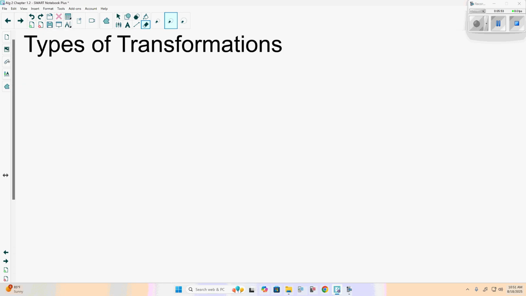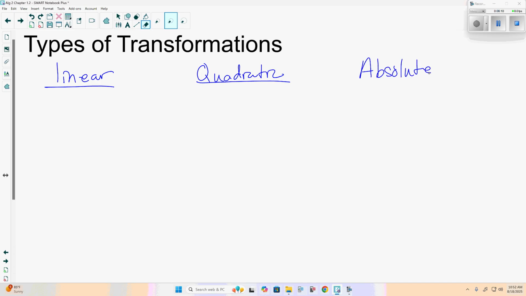Now, there are several different types of transformations. Linear, quadratic, and absolute. These are the main three we're going to focus on because constant really doesn't tell us a whole lot.